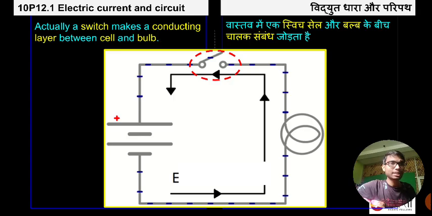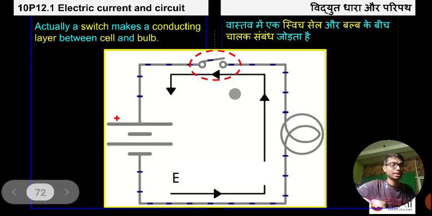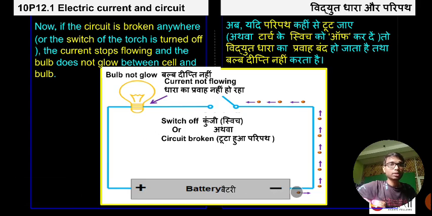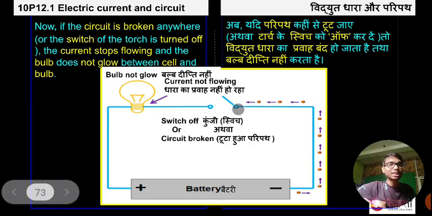The reason is that in this case, electrons are coming from the negative terminal and going like that, but they are not able to pass this gap. To pass this gap, we need a conductor, and those conductors should be attached to this.